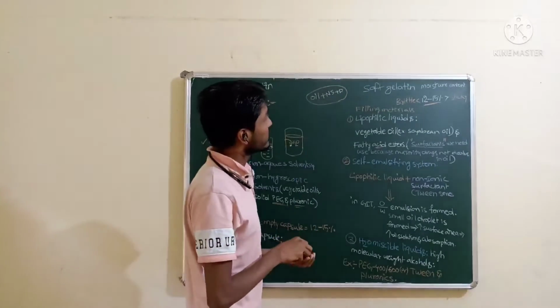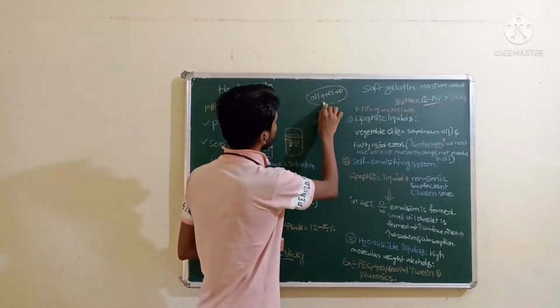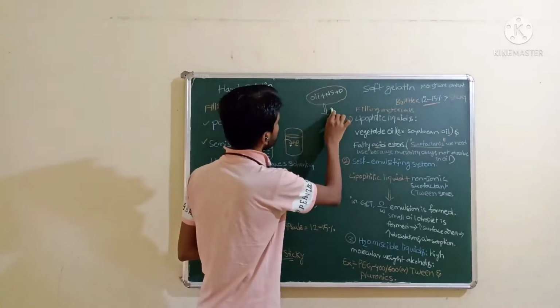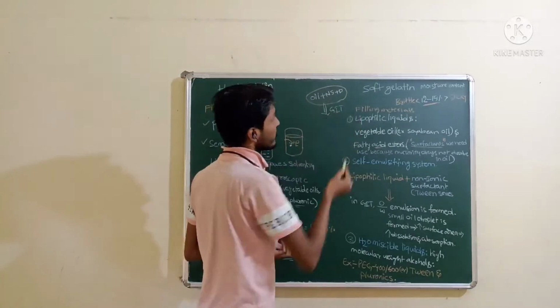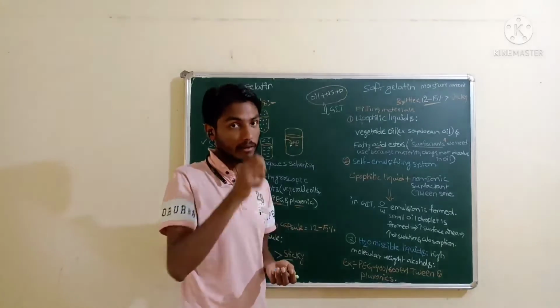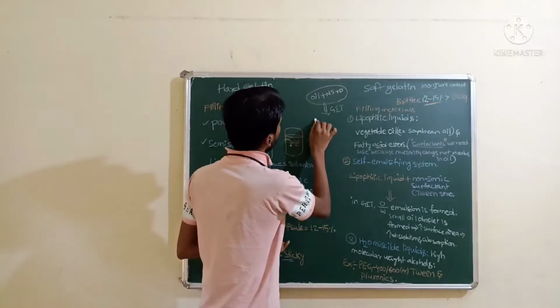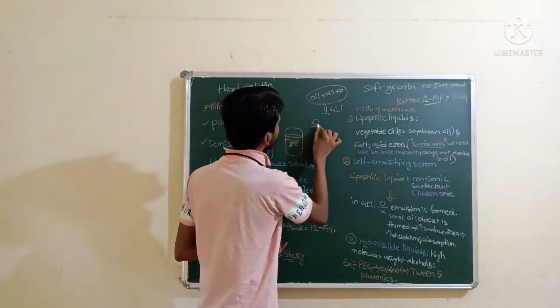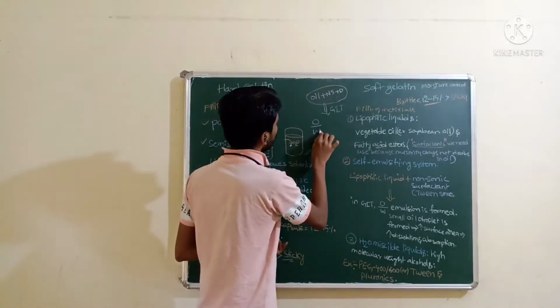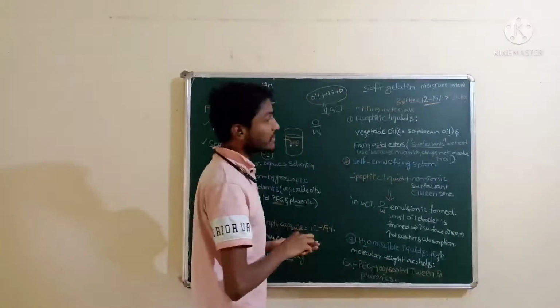Then when the system enters into the gastrointestinal system, the gastrointestinal system has water. Then what will form? Oil, surfactant, water. See, emulsion is formed.